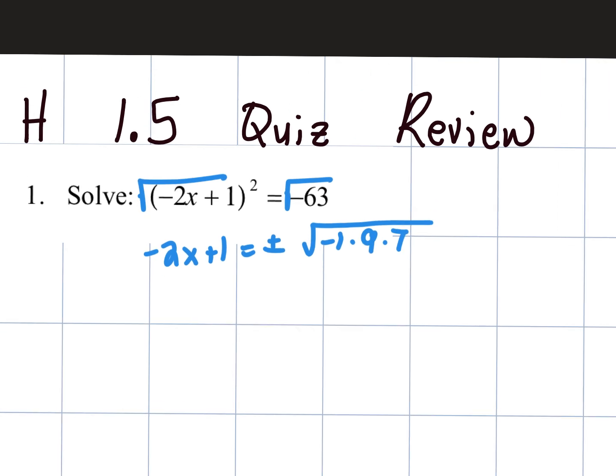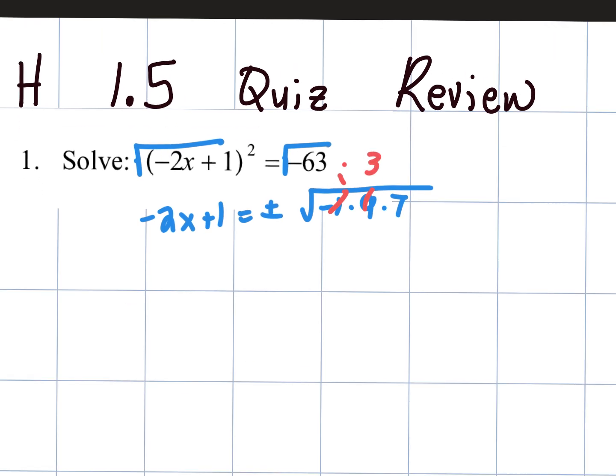And then before I move anything to the other side, before I subtract and divide, I'm going to go ahead and simplify, break down my radicals. So I'm going to take out my negative 1, square root of negative 1 is i, and my 3. So I have negative 2x plus 1 equals plus or minus 3i square roots of 7.